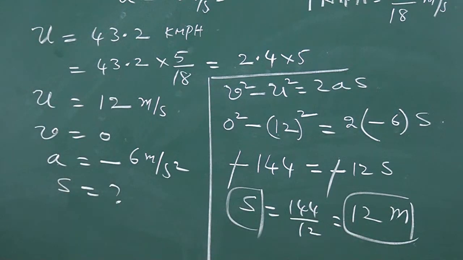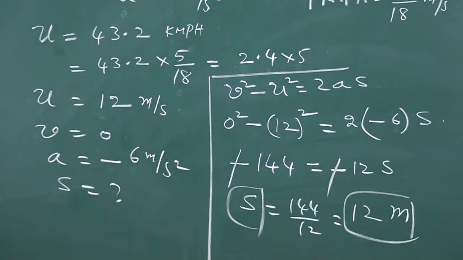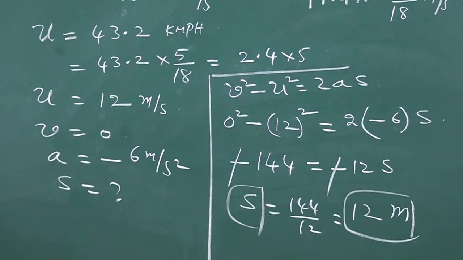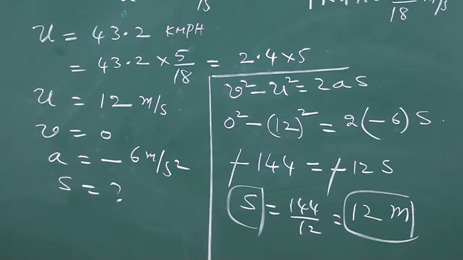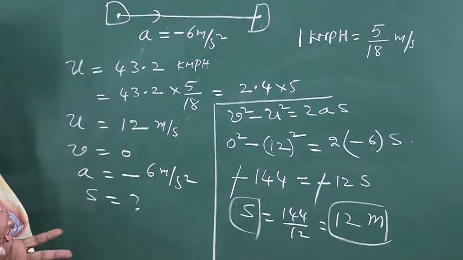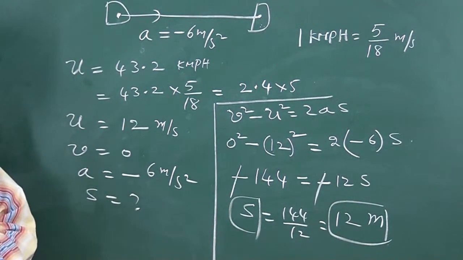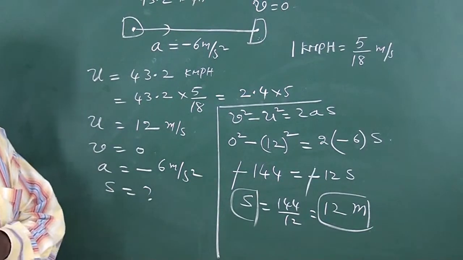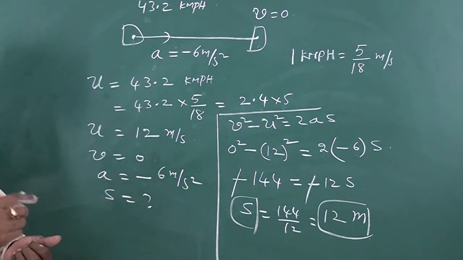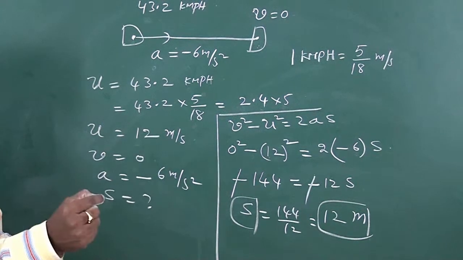Okay. In this way you can use the kinematic equations. For using these kinematic equations, first of all you must write the data. What do you mean by data here? Data means what is the initial velocity, what is the final velocity, what is the distance covered, what is the acceleration, like that. So first of all you must know the journey, the initial point and final point of the journey.